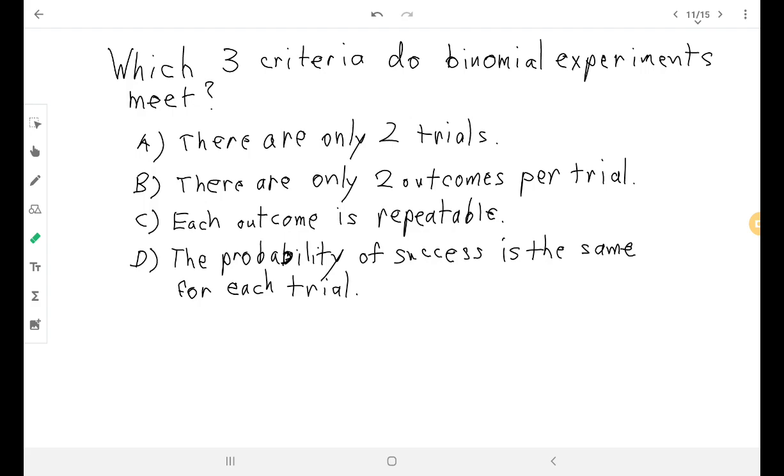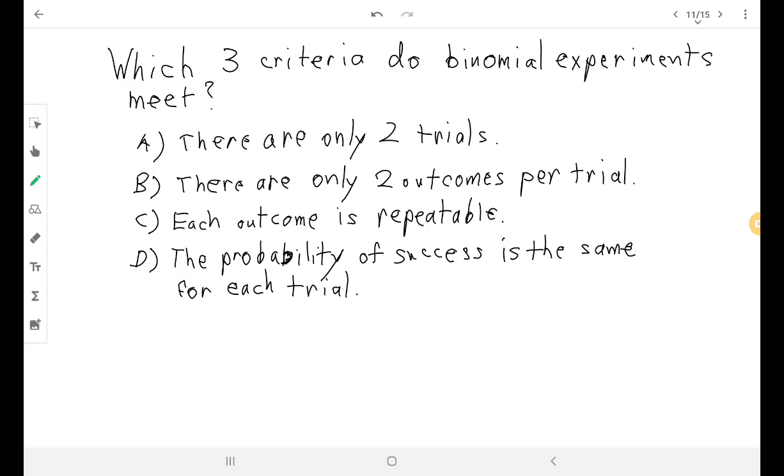And the first problem really involves the definition of a binomial experiment. So, which three criteria do binomial experiments meet? So, there are only two trials. Well, whoops, sorry about that.